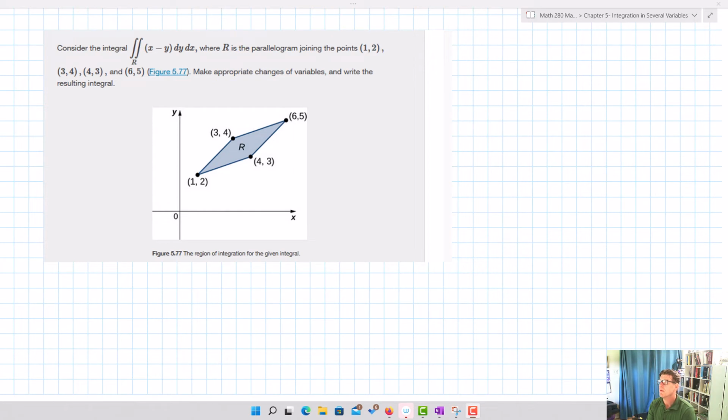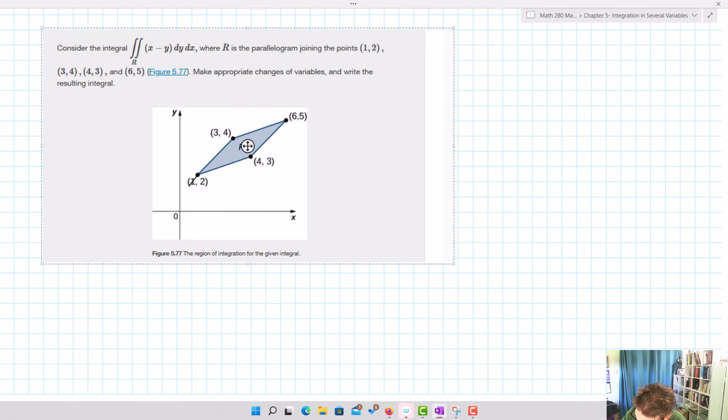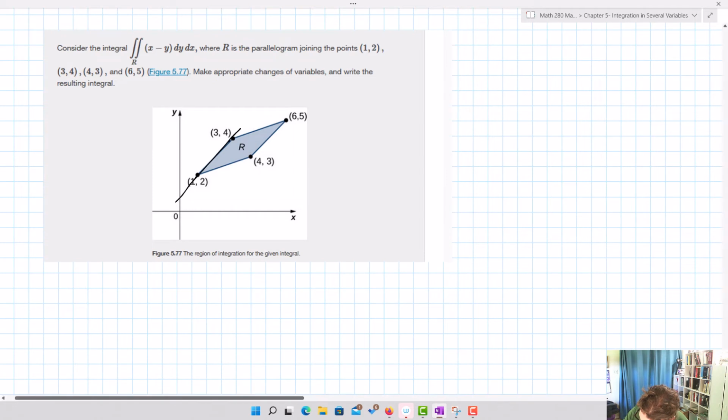So what we want to do is make this as simple as possible for ourselves. So I'm going to consider the sides of this parallelogram in terms of my xy. I've got this first line right here, and we'll call that line L1.